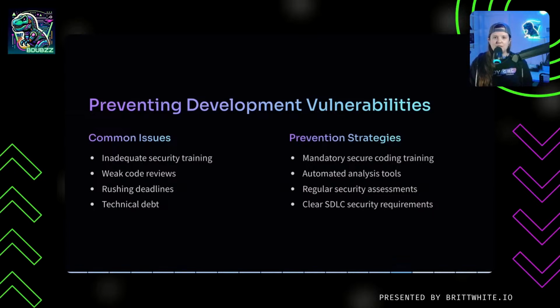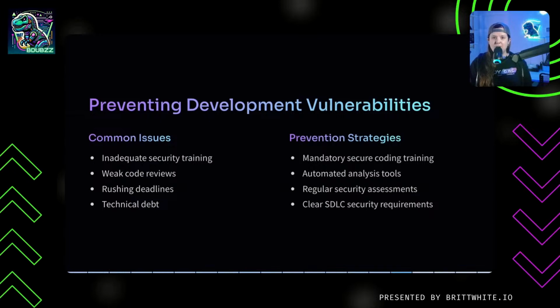Organizations can prevent these issues by making secure coding training mandatory, implementing automated analysis tools, performing regular security assessments, and establishing clear security requirements throughout the software development lifecycle, or SDLC. Remember that preventing issues through education and robust processes is far more effective than fixing bugs after the fact.